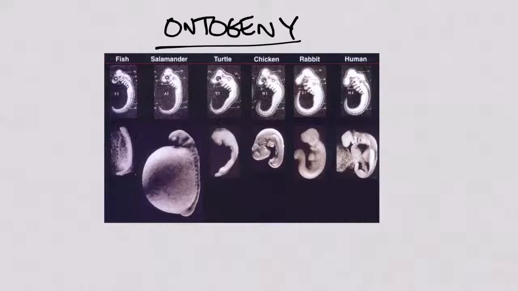Okay, so the development of an organism and the fact that very early on in embryonic development we share all these similarities with these organisms is another piece of evidence for evolution. And the last piece of evidence that I'm going to talk about that's potentially the most compelling is the molecular evidence.